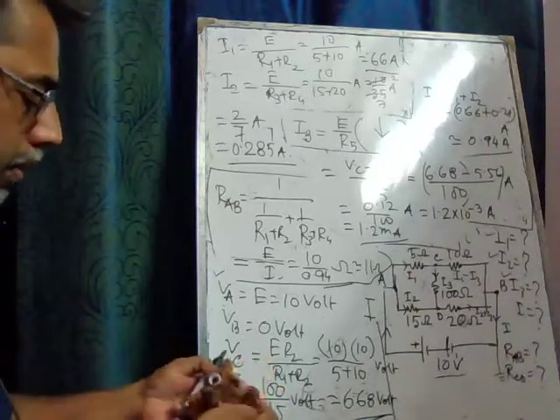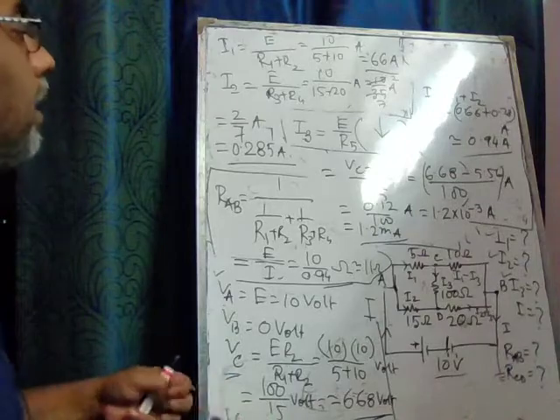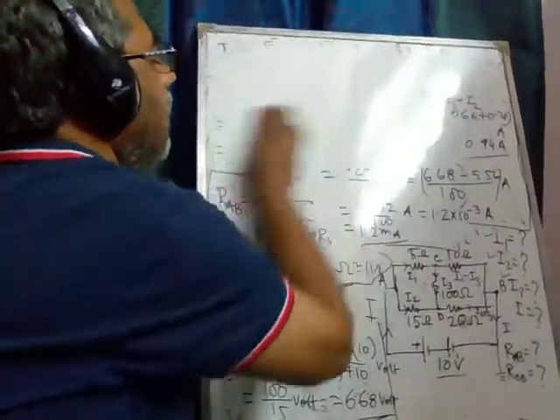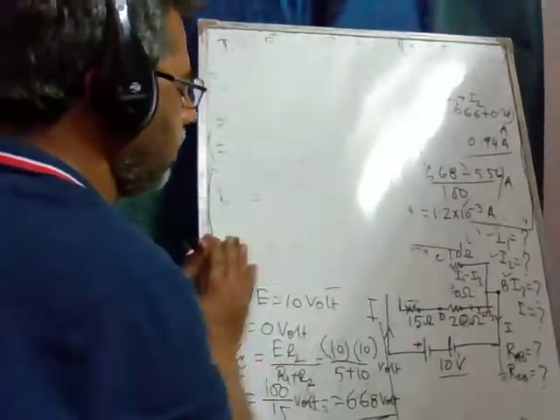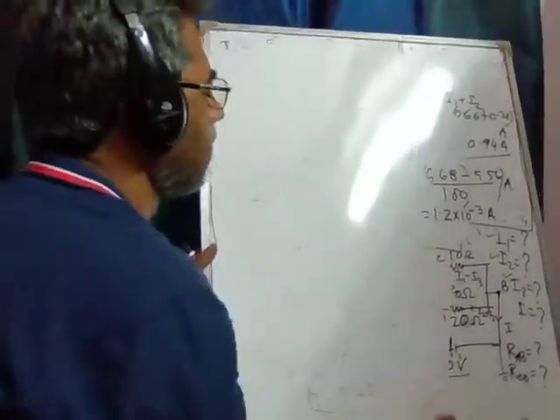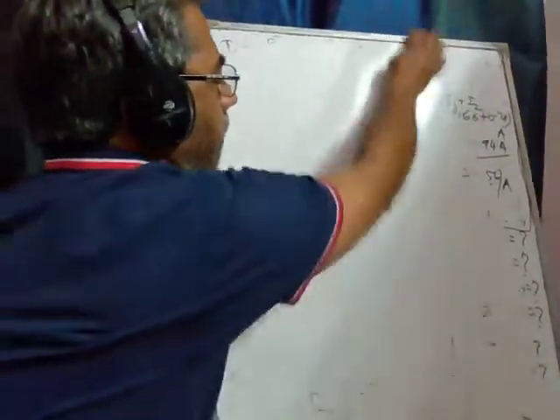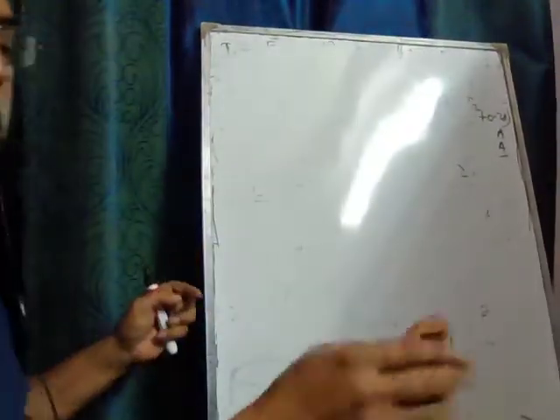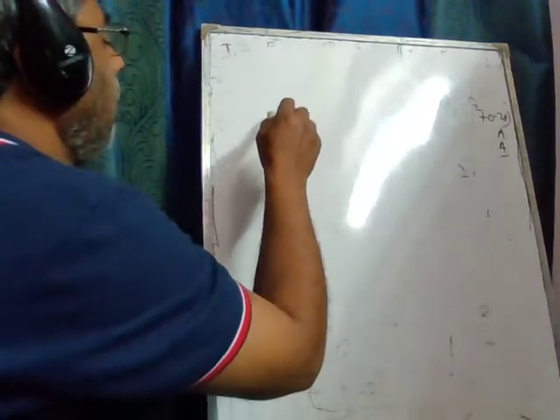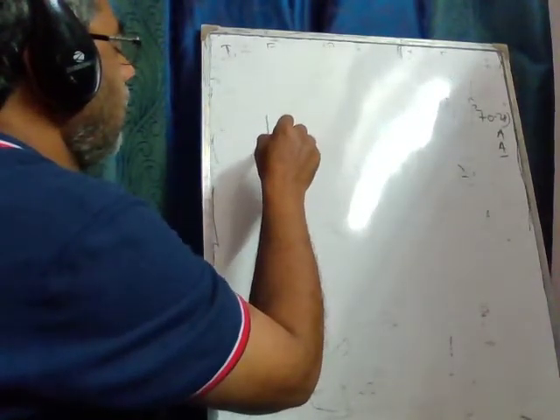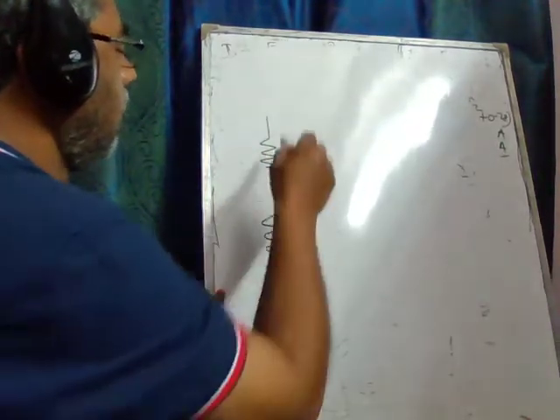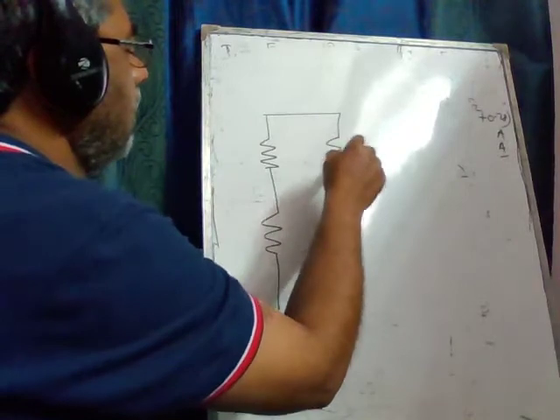So before concluding, we can again recapitulate the main concepts. To analyze a Wheatstone bridge circuit which has 4 resistances, we may connect it this way.